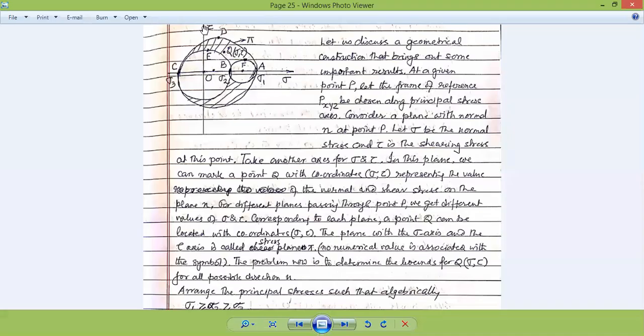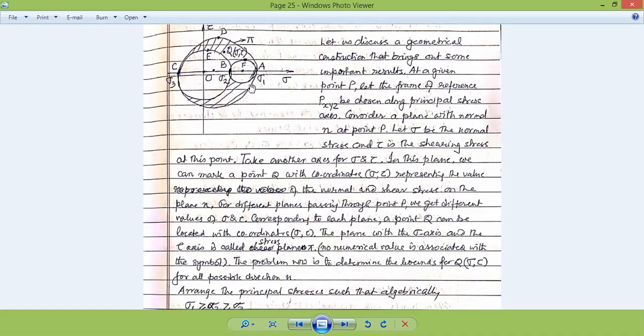The shear stress we plot here, and sigma 1 is from 0 to A, sigma 2 is from 0 to B. If we plot this value, we get this triangle here, where the maximum possible value of tau is equal to half of sigma 1 minus sigma 3.